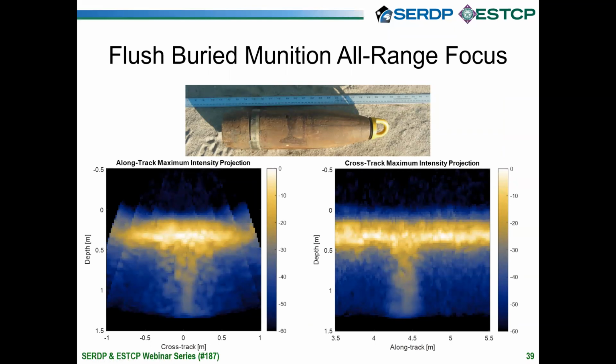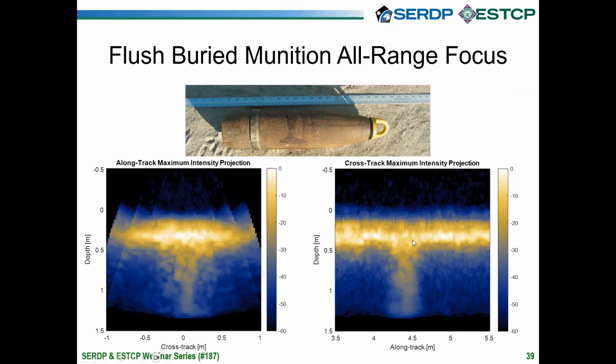And in this case, this sandy sediment proved to be an extremely strong scatterer, such that when we look through our along track maximum intensity projection and our cross track maximum intensity projection, we see very little scattering. We cannot distinguish the howitzer from this sediment interface in this view or this view, but we do see the characteristic defocusing beneath this munition, indicating that we've coupled some resonant phenomena onto the object, and it's ringing out in this late time phenomena.